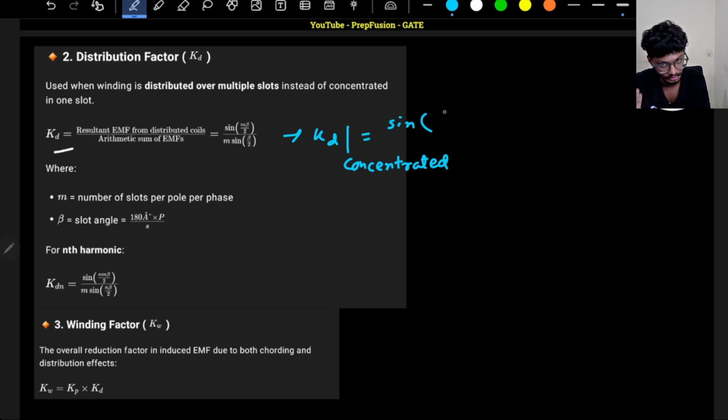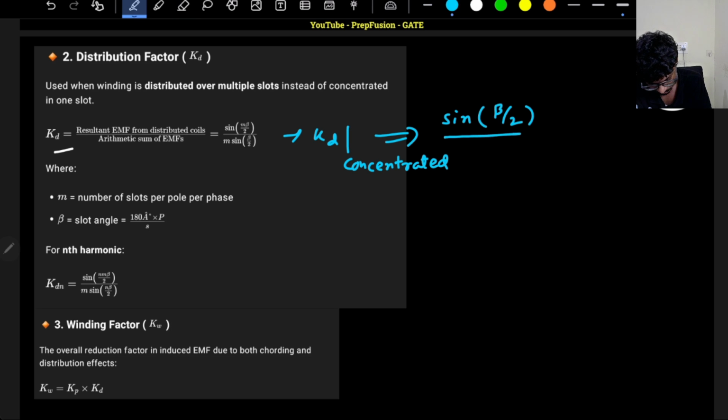In case of concentrated windings, m is 1. So this will be sine of beta by 2 divided by 1 into sine of beta by 2. So this will get cancelled, and I will be left with 1.